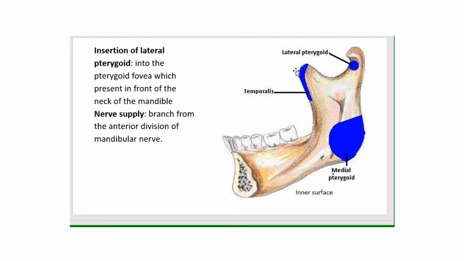This is the insertion of temporalis muscle into the tip of coronoid process of mandible, its anterior border. Sometimes the insertion of temporalis muscle extends along the anterior border till the last molar tooth.